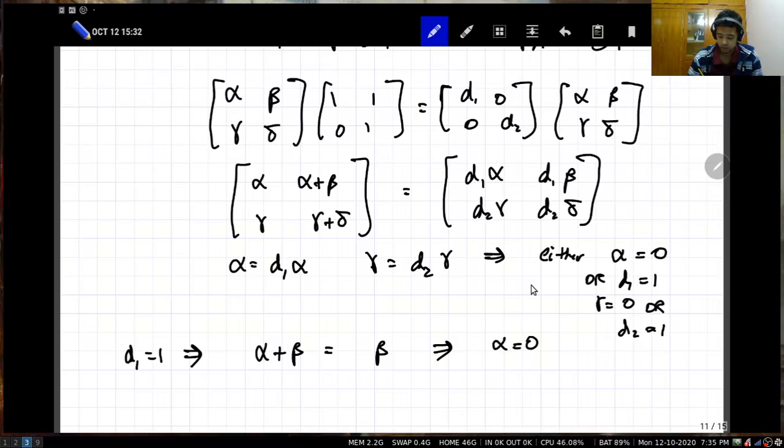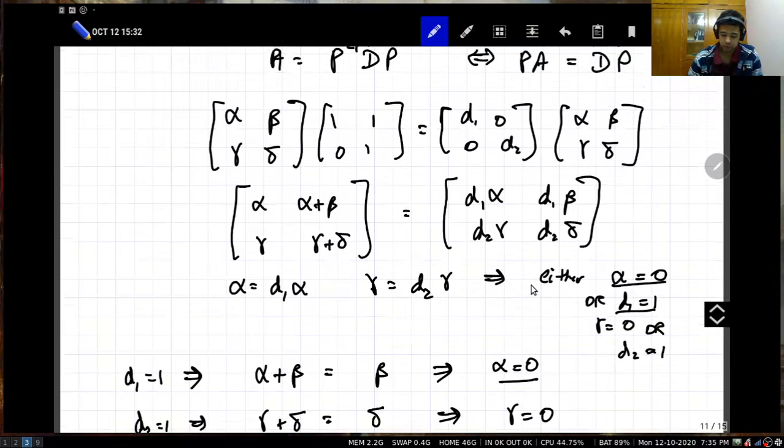So irrespective of whether you choose alpha equal to 0 or D1 equal to 1, this always implies that alpha is equal to 0. Similarly, D2 equal to 1 must mean that gamma plus delta equal to D2 times delta, which is delta. This means that gamma equal to 0.